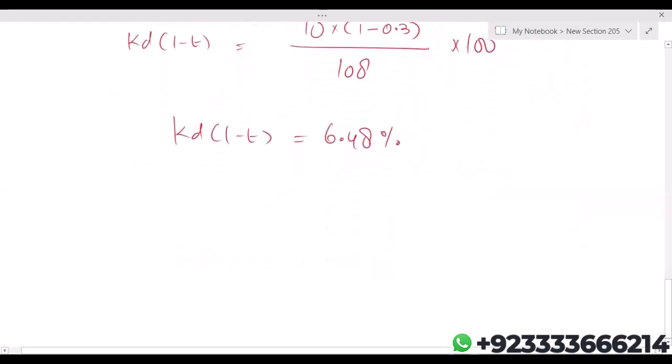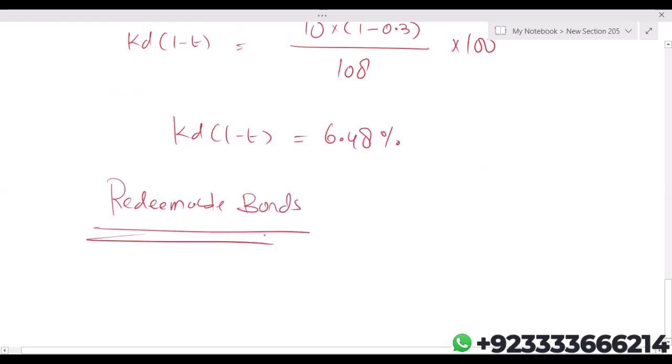Now, students, the more extremely important one is redeemable bonds. How do we calculate KD1 minus T in case of redeemable bonds? That is very important. Now you need to listen carefully.